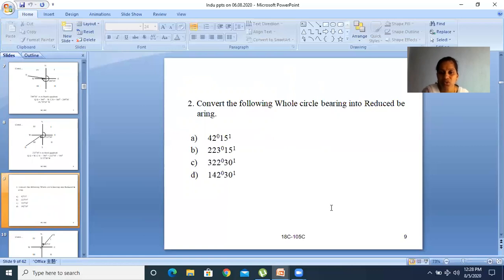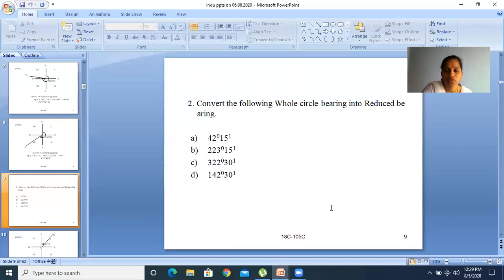And the second one is 223 degrees 15 minutes. It is in the third quadrant, and the quadrants are south and west. The third quadrant rule is WCB minus 180. The third sum is 322 degrees 30 minutes, which is in the fourth quadrant.